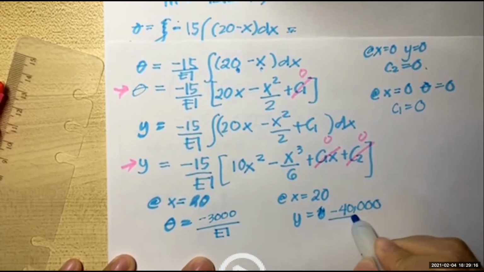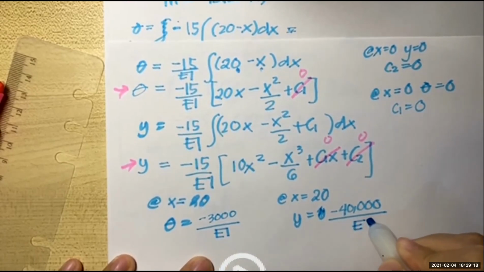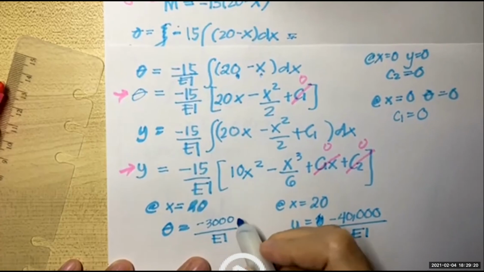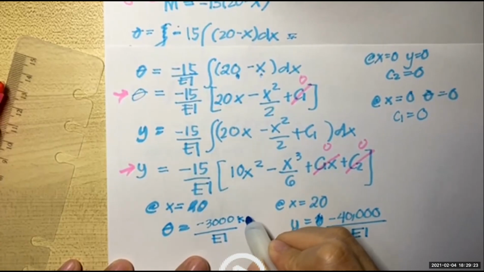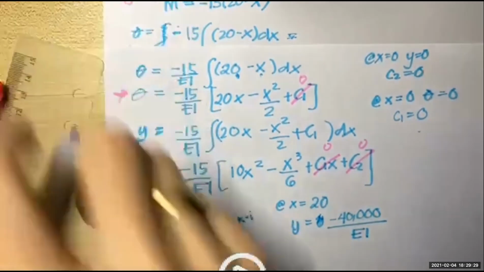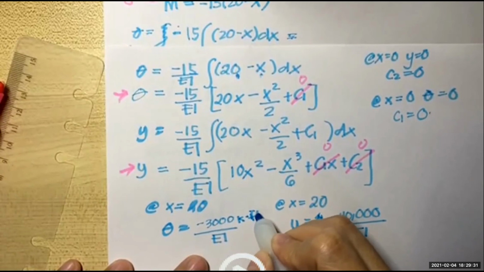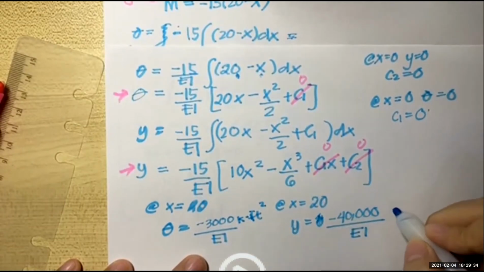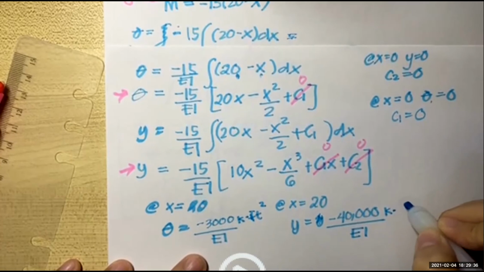Then we convert this since EI is given. The unit of this is kips per square feet.